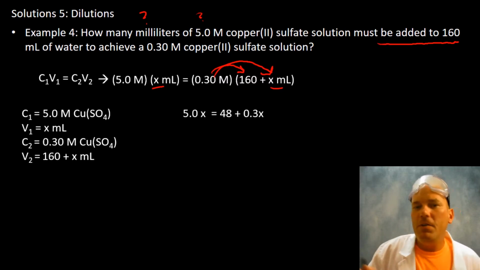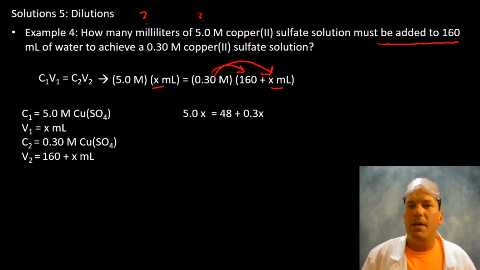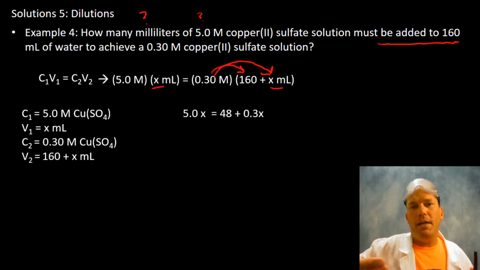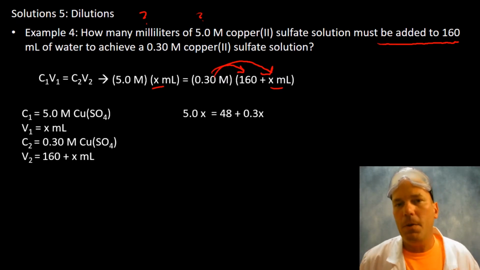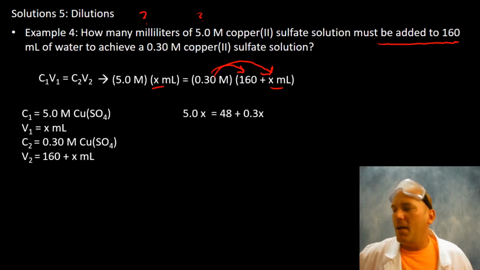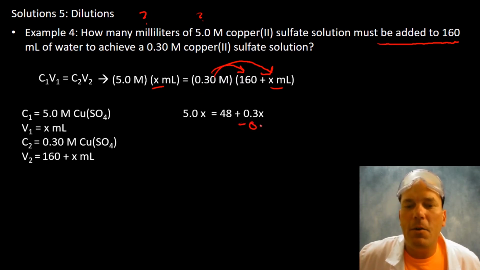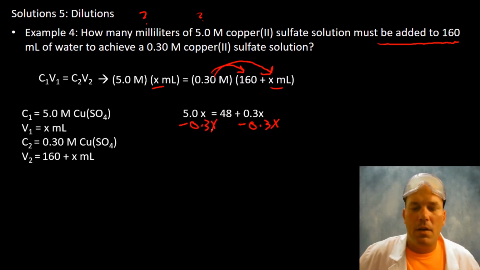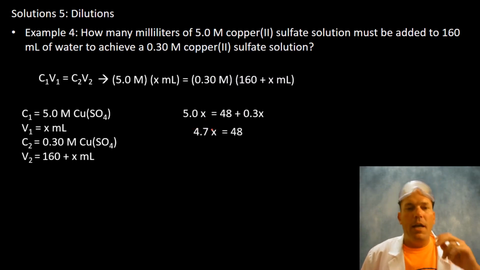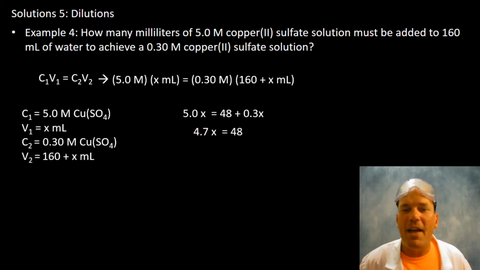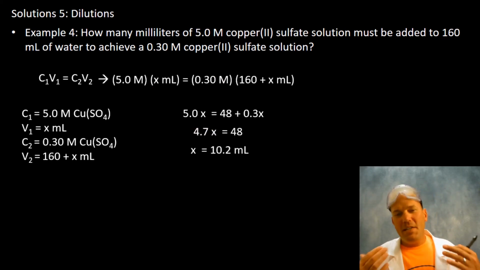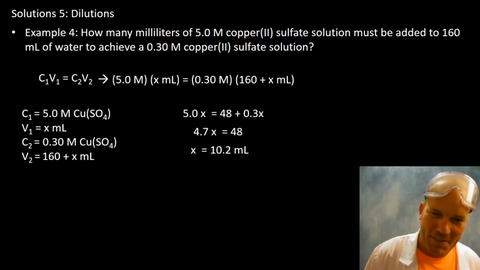If we use the distributive property, we get 5.0x is equal to 48 plus 0.3x. Now, subtracting 0.3x from both sides is what we're going to do next. And we're going to get 4.7x is equal to 48. So x equals 10.2 milliliters.